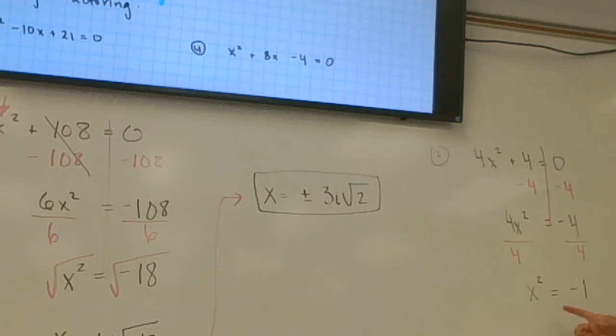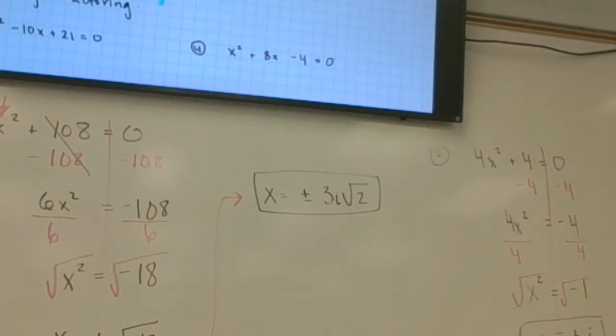Alright, we need to do the inverse of squaring, and the inverse of squaring is square rooting. I'll square root the left and right side. So the square root of x squared is just x equals, I gotta get my plus or minus in there. Whenever you solve by square rooting, you think of the positive or negative possibility. And the square root of -1 is i.